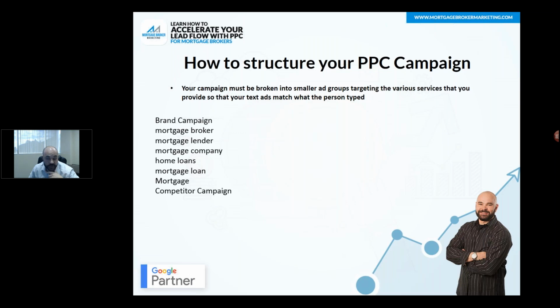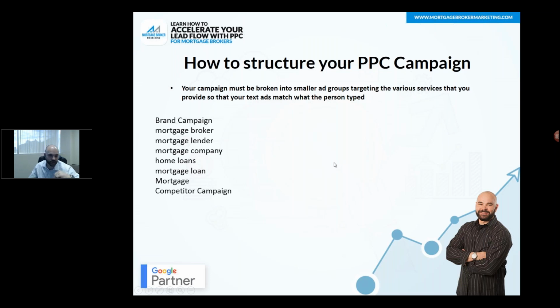When someone types in your company name, you have an ad showing. You're not going to be paying a whole lot for that click. But if you're not bidding on your brand and a competitor is, that competitor could be stealing some of your clicks. So it's best to set that up, and it'll really help the campaign out, because it's very relevant.